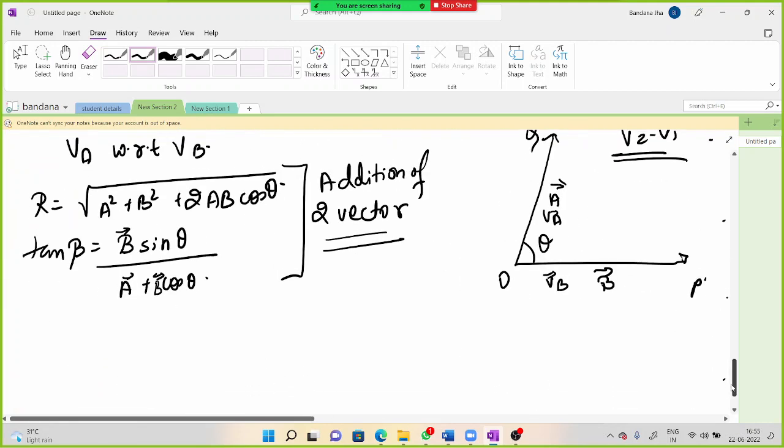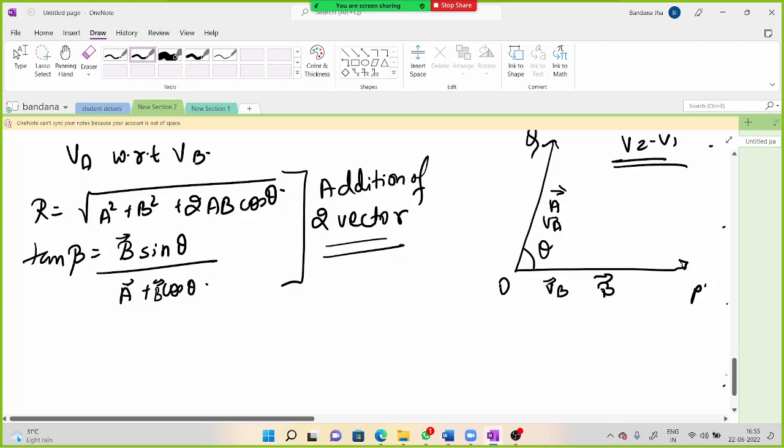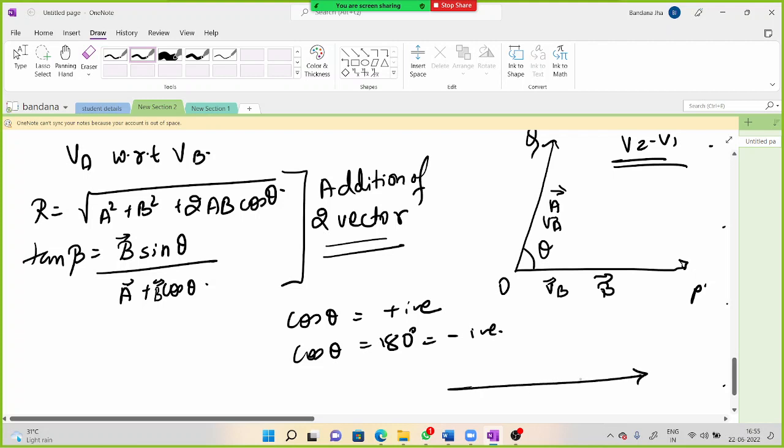Now, this part is clear? Any doubt? No. Okay, fine. When theta is 0 degree, cos is positive. But when theta is 180 degree, cos is negative. If the direction is this way, cos 0 means it is positive, but if it is this direction, it will be negative: minus x-axis, and this is positive x-axis.